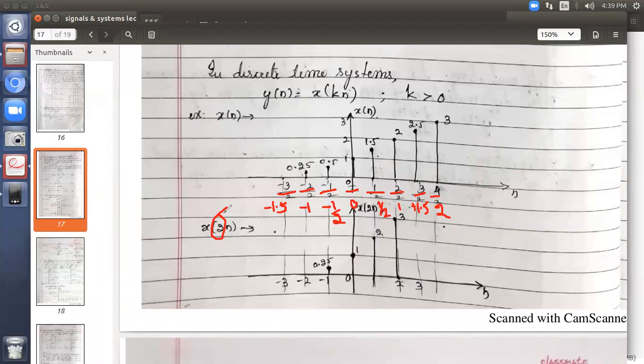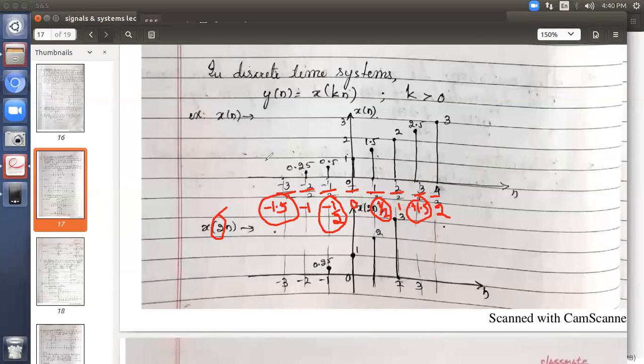Discrete signal scaling is very much easier for you. There is no manipulation. Whatever amplitude you have there, you simply put it. One more important thing to remember in case of a discrete signal is, if you are getting time in fractions, see here, these are fractional values. Four different points have fractions: -1.5, minus half, plus half, and plus 1.5. So four values are there.